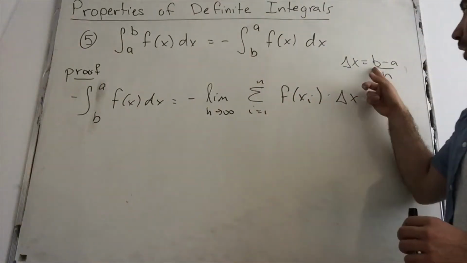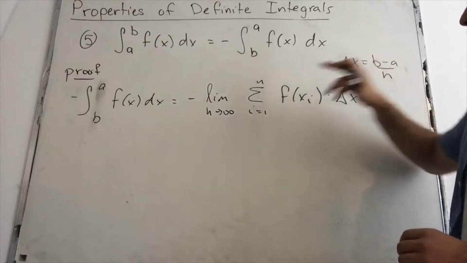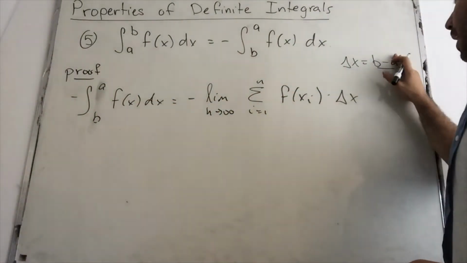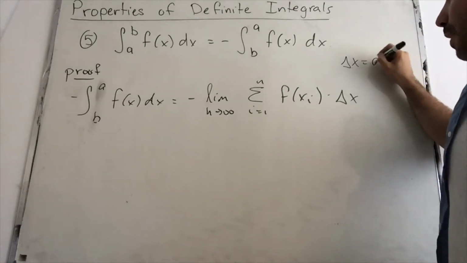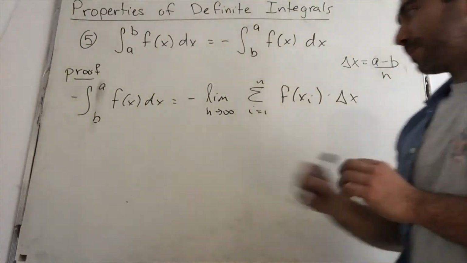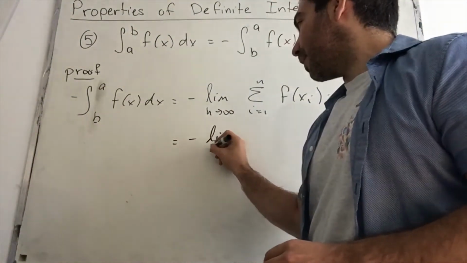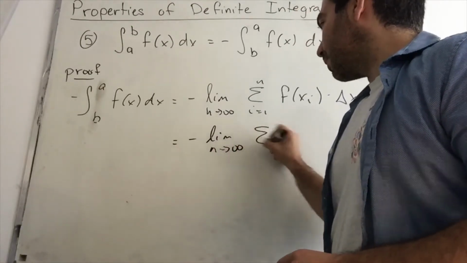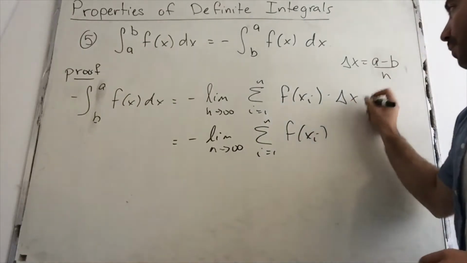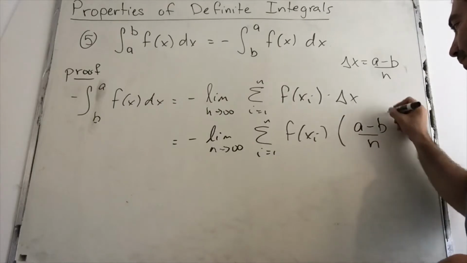Or, in a sense, we know it's the upper bound minus the lower bound. Okay, so don't get attached to the letters. Here it's actually reversed. So what we have for delta x, in our specific case, is the upper bound minus the lower bound divided by n. So what we have is a minus b over n in this case. Okay. So we have negative limit as n tends to infinity, summation from 1 to n, f of xi times delta x, which in this case is a minus b over n.